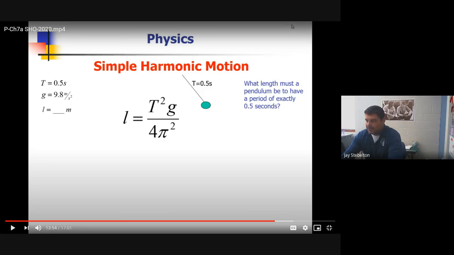But do the pi squared first. Or divide by 4 and then divide by 3.14.